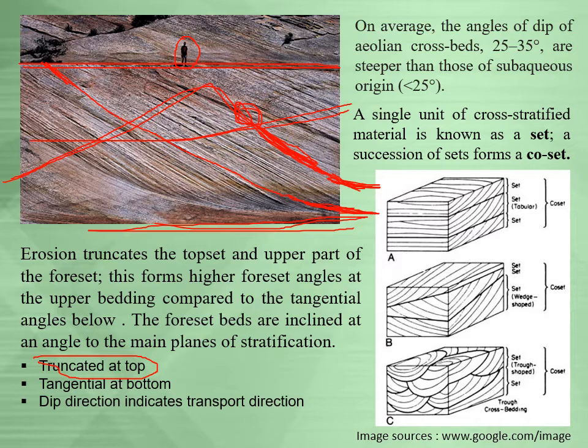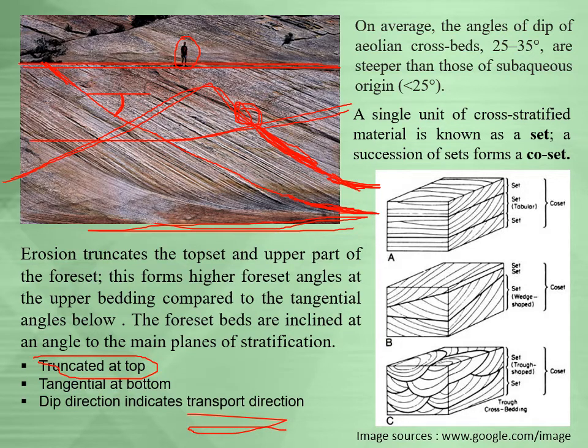And you can see that this picture depicts a transverse section, a profile section. In a profile section, what we see as a line is basically a plane in three dimensions. A plane has its attitude, that is strike and dip. Now the dip of these cross laminae or cross beds, that is the angle of the inclined internal laminae with the horizontal plane, indicates the current direction or downstream direction.